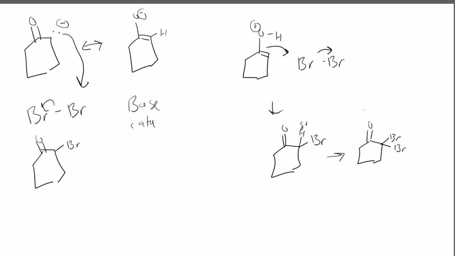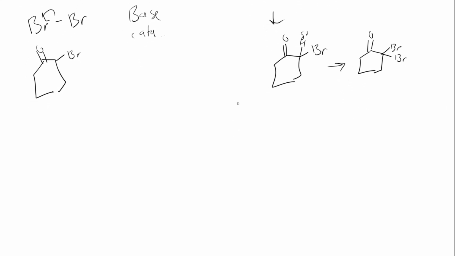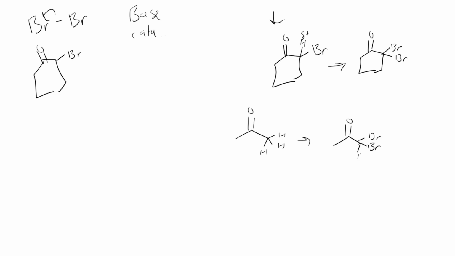And how this starts to change the reactivity is right here, we would stop because we've run out of hydrogens. But let's say we had instead started with acetone, and we've got 3 hydrogens here to work with, and those can, through the haloform reaction, be replaced with 3 halogens.